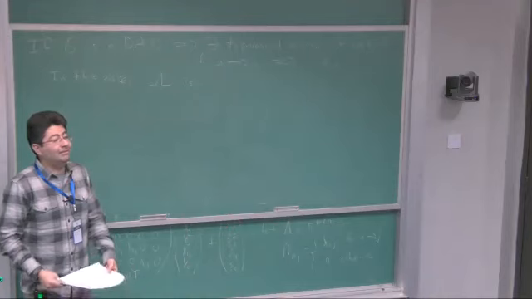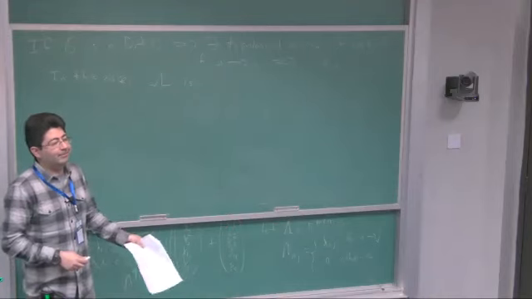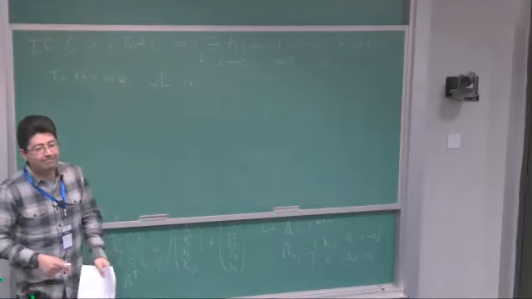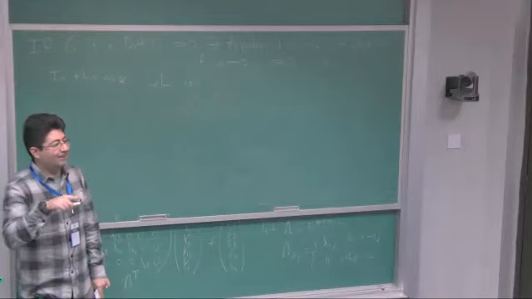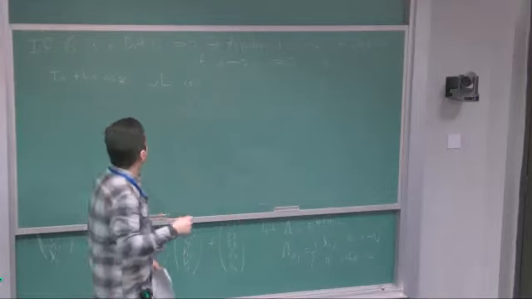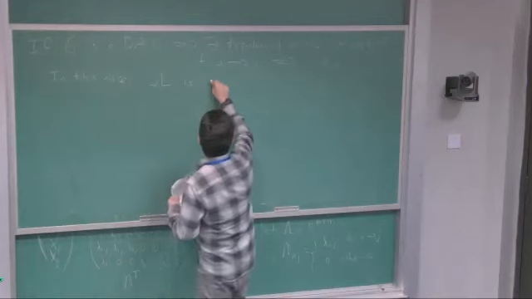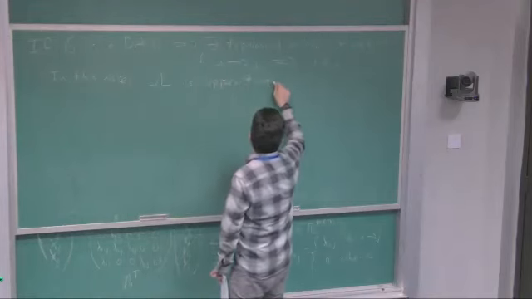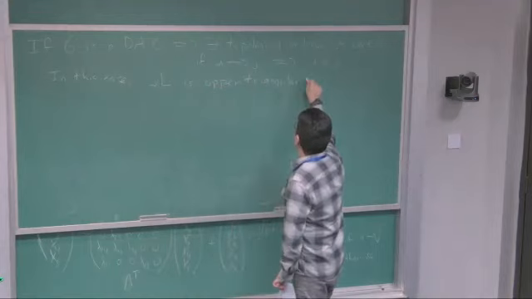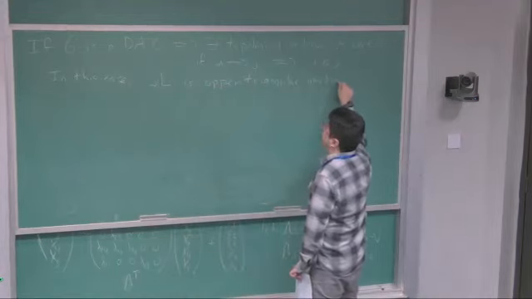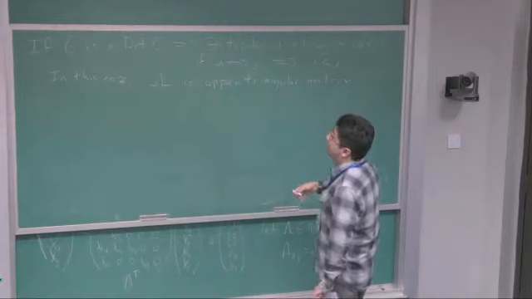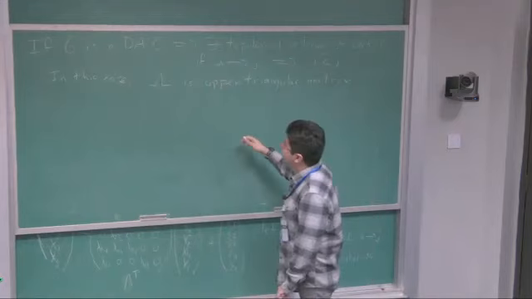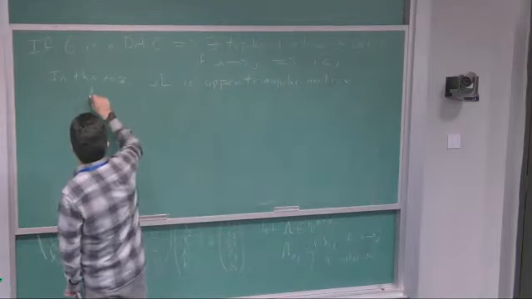It's a triangular matrix. Is it upper or lower triangular? Upper, right? So that means that lambda is an upper triangular matrix. And since there are no loops, there are actually zeros in the diagonal.